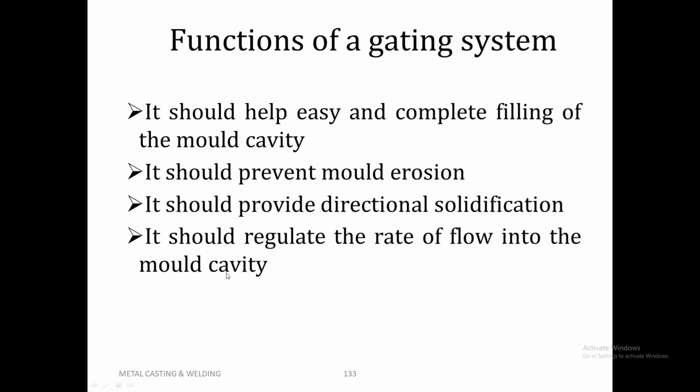Also, it should provide high casting yield. In other words, the amount of metal solidified in the sprue, the runner, the gates and the risers should be less, making the casting yield high. And it should incorporate a system for trapping slag from the molten metal and deliver clean metal into the mold cavity.